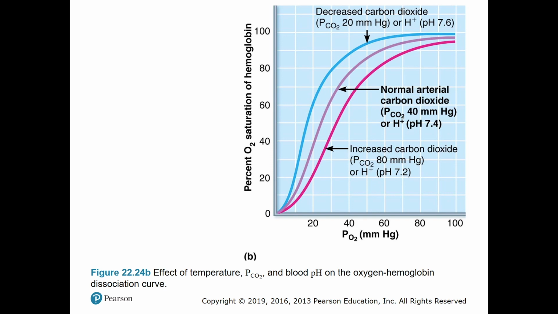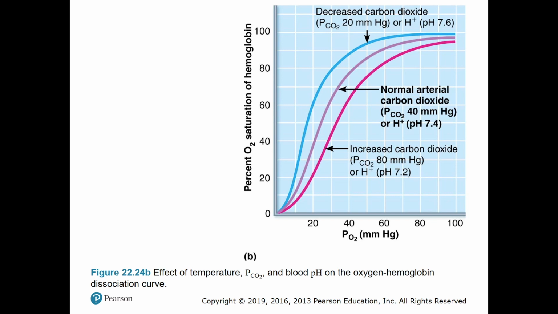Figure 22.24b, now we're looking at the effect of partial pressure of carbon dioxide and or H plus concentration on the oxygen hemoglobin dissociation curve. For normal blood with a pH of 7.4, and we're assuming a temperature of 37 degrees Celsius, that's the one in purple, and the partial pressure of CO2 is 40 millimeters of mercury.